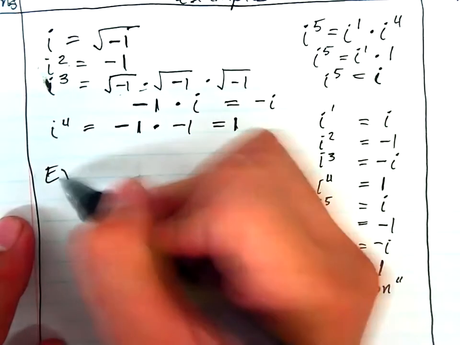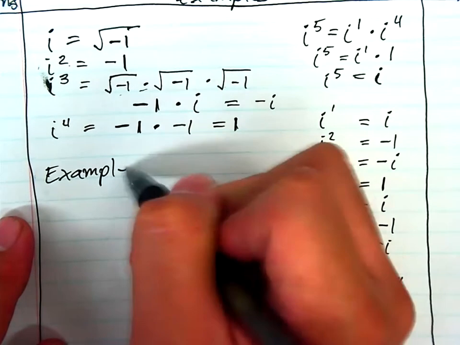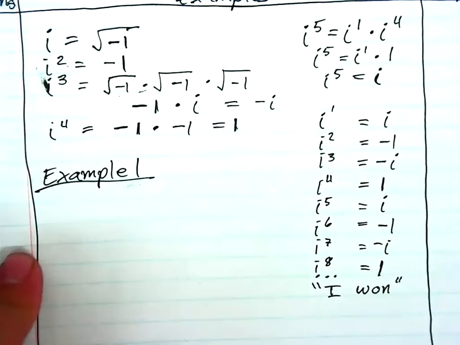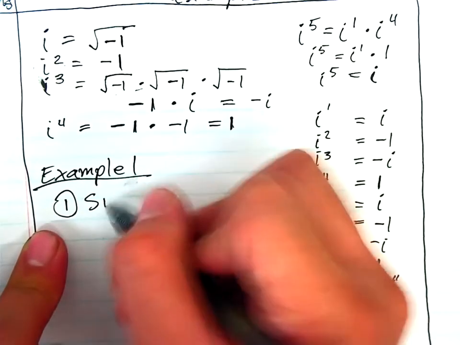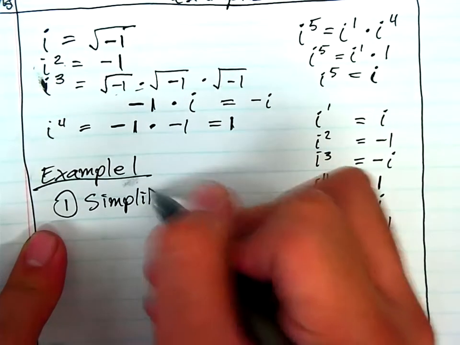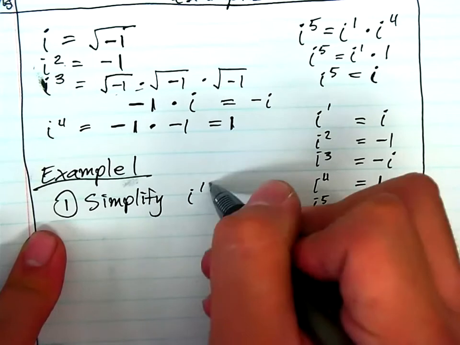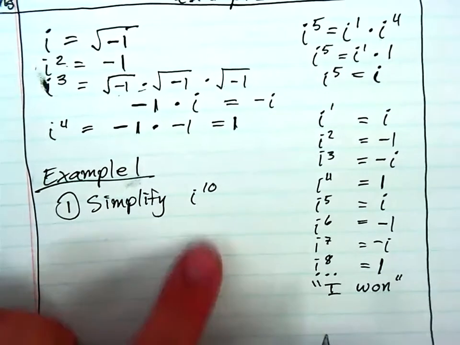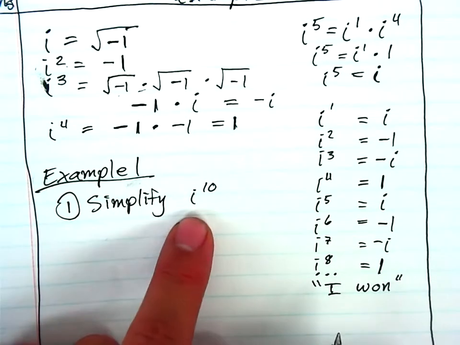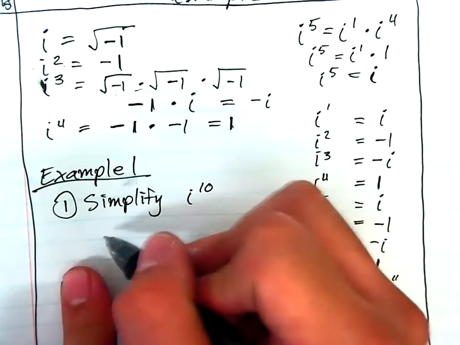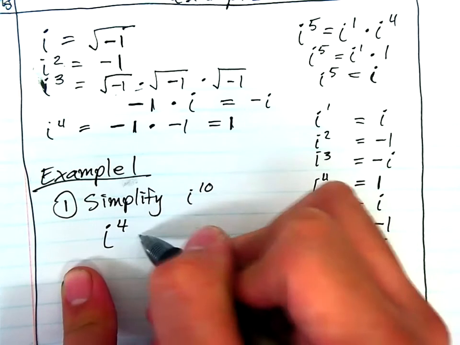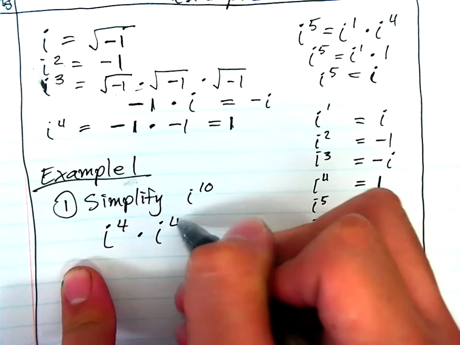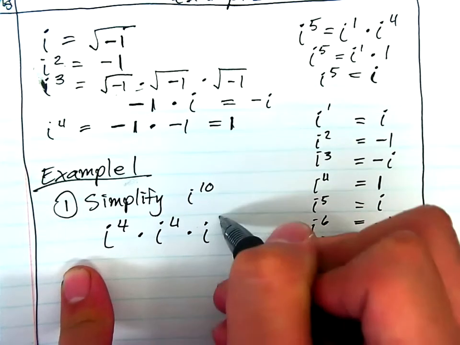So example 1. We're going to simplify some pure imaginary numbers so that they're much nicer than the big exponents that we deal with. So simplify i to the 10th. Using my rules of exponents, I want to break this into very simple parts. As part of 10, I know I can break it up into i to the 4th times i to the 4th times i squared.